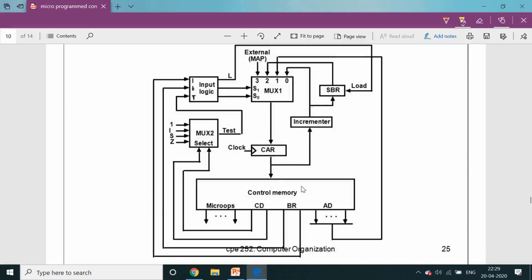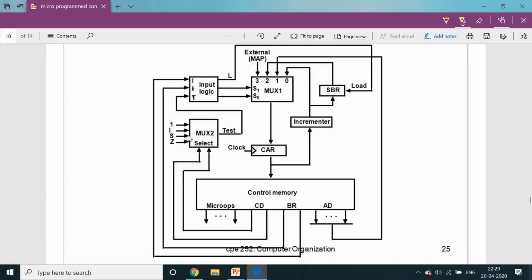Next, coming to the conditional field and branching field. If the two conditional bits are 0 0, 1 is pointed to the test output. If they are 0 1, the I field is connected to the test. If they are 1 0, the status, the sign bit, is connected. The I means mode, indirect or direct, and the sign bit means the MS bit, 0 or 1.